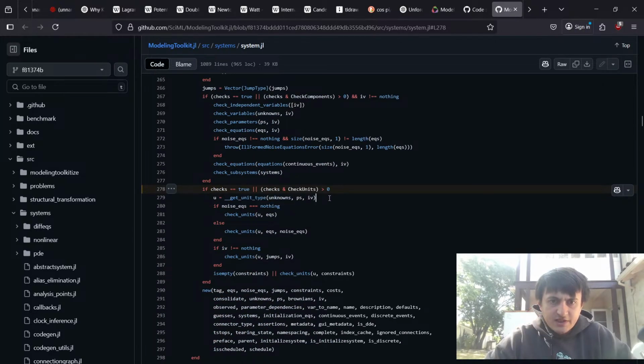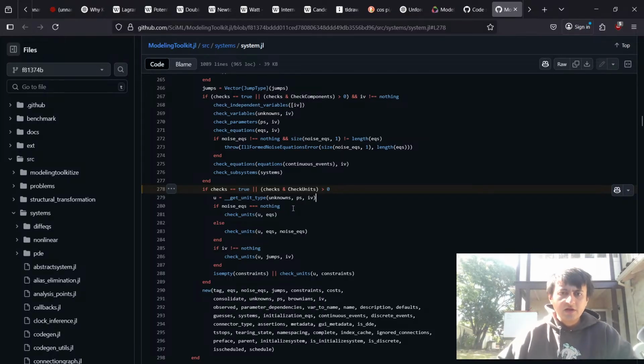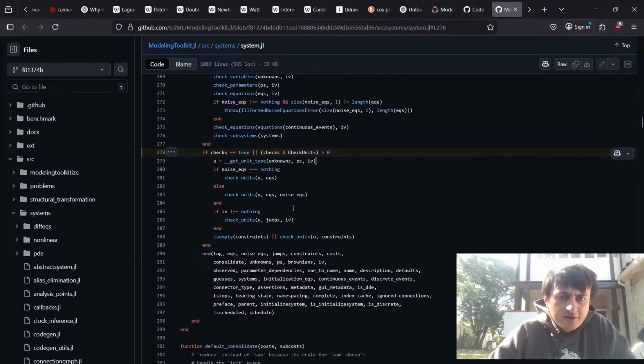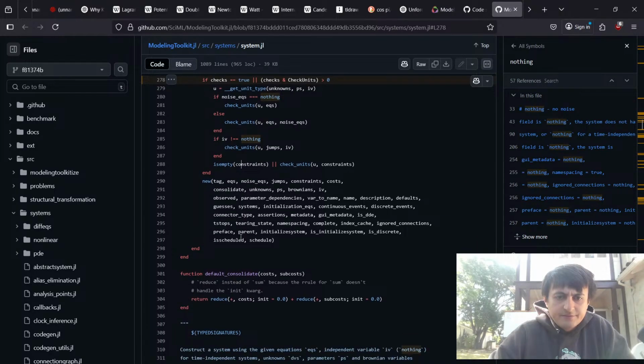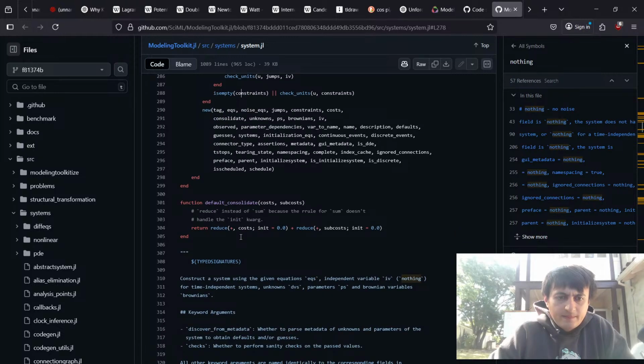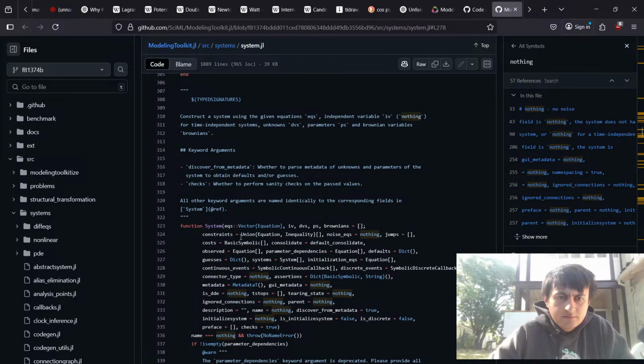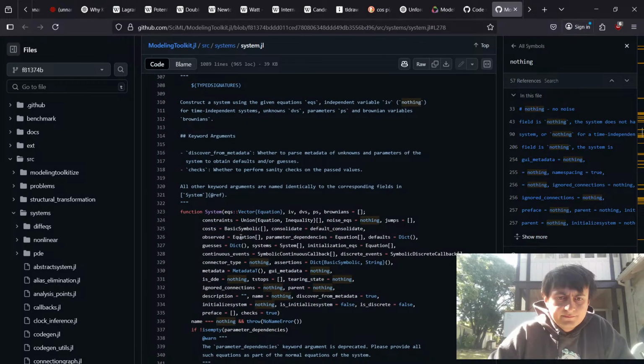You get unit type, unknowns, PS. If noise equal to nothing. If IV is not equal to nothing, check units, U jumps, IV. Okay.